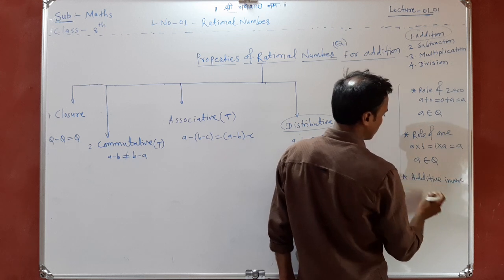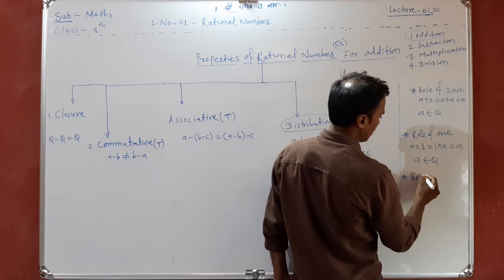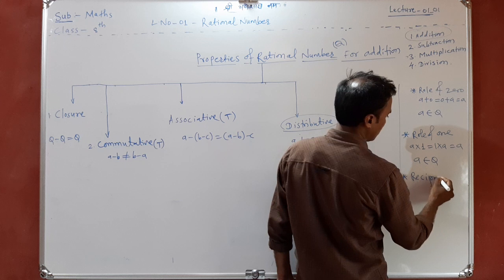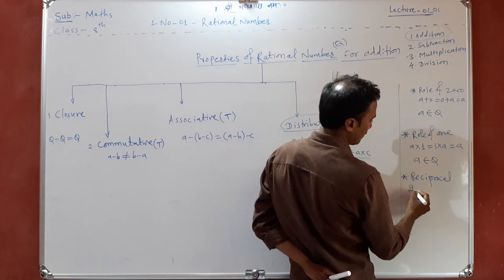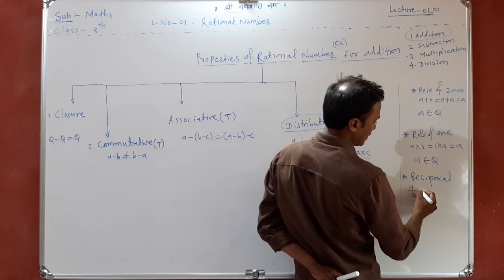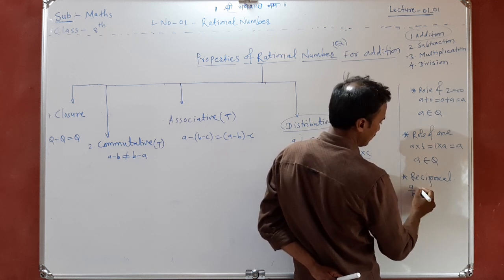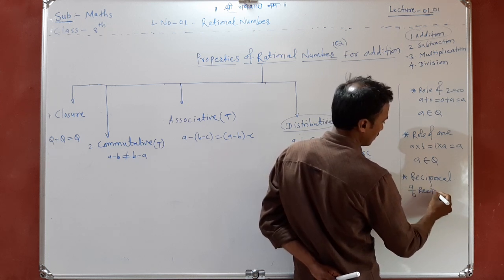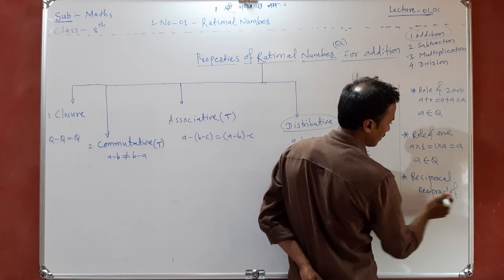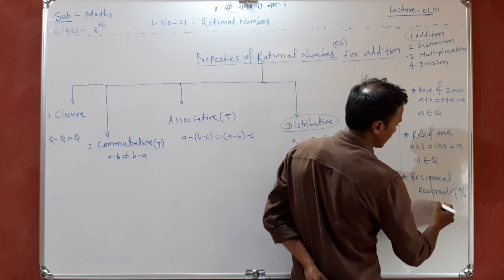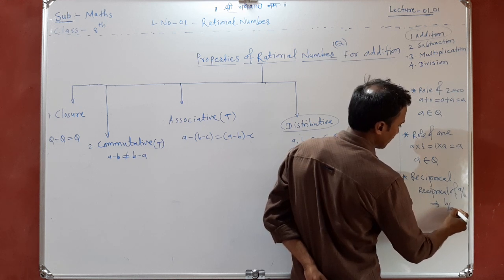Now after that, the third one we learn there is the reciprocal. In reciprocal, if a upon b is any rational number, then the reciprocal of a by b is equal to b upon a.